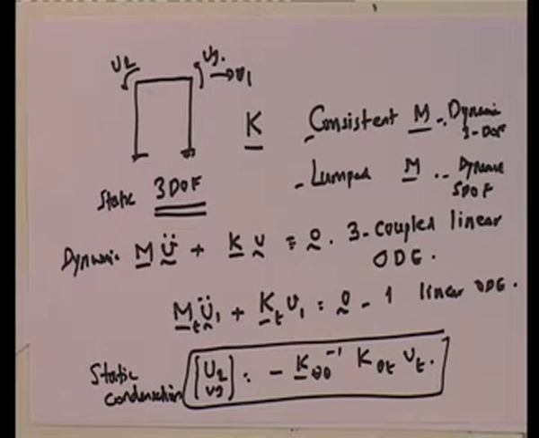If you use the lumped mass formulation, all rotational degrees of freedom are statically condensed out from the equation, and the dynamic degrees of freedom are only the translational degrees of freedom.